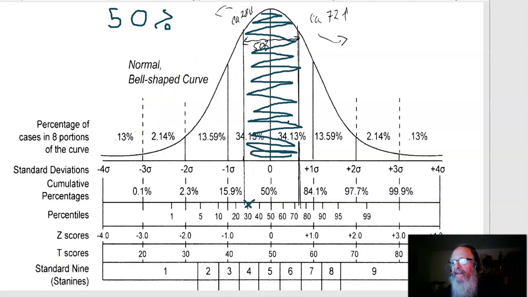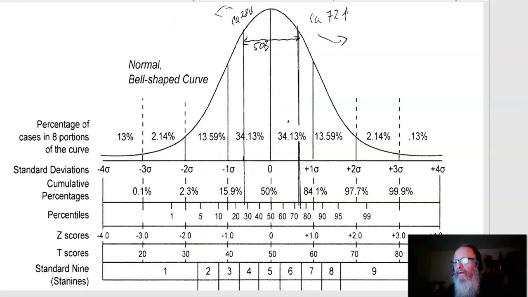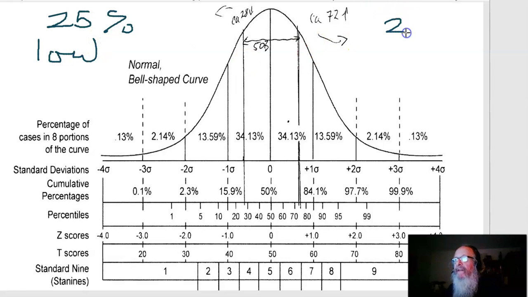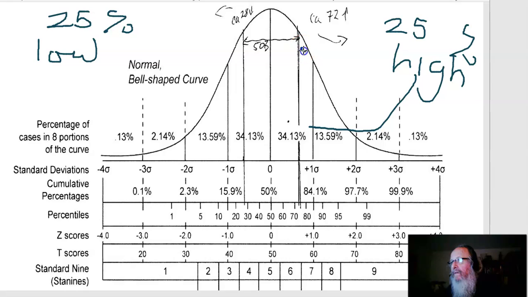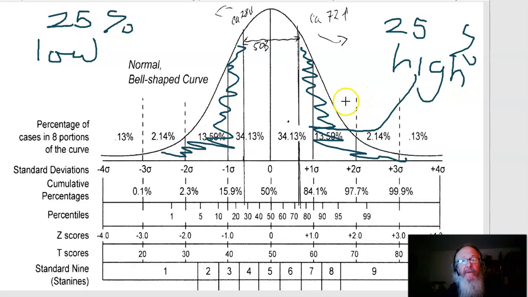But in terms of the way the statistics end up, it's the 25% with the particularly low scores and the 25% with the particularly high scores who are really going to be noticeably different than everybody else.